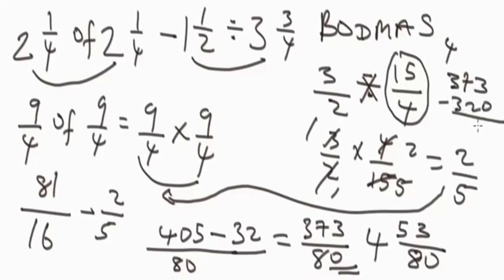If you do the math, you're going to have 53. 80 into 373 will give us 4 remainder 53. Then over this 80, if you are leaving it in mixed fraction like this, so this can work, this can also work. Any of them depends on the one you want to work with or leave the answer to. So this is basically how you can solve problems involving simplification of fractions using BODMAS.